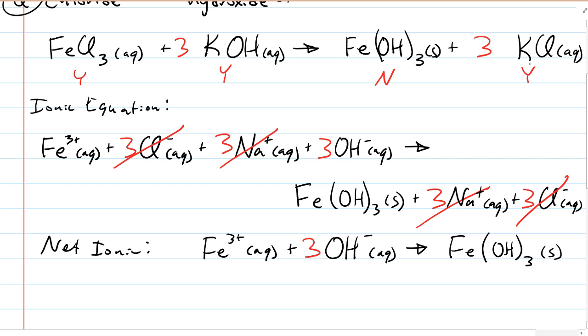We would have still wound up with the same reaction overall. It's just that if I didn't have sodium hydroxide available, maybe I would have had potassium hydroxide available and could have used it in the reaction instead. So the spectator ions are important. They do bring the reacting ions into solution, but they themselves do not participate in the actual chemical reaction.